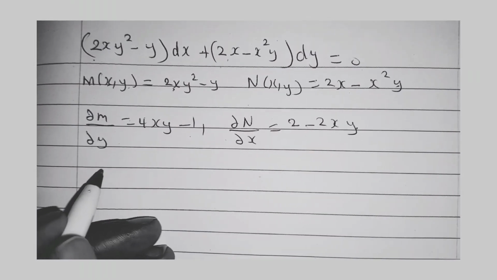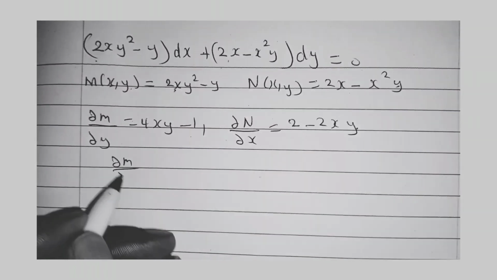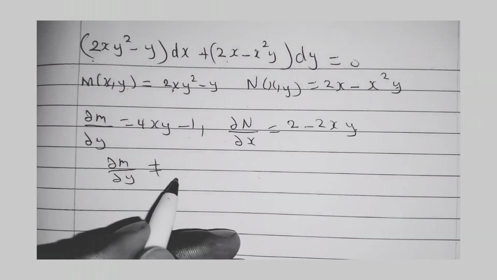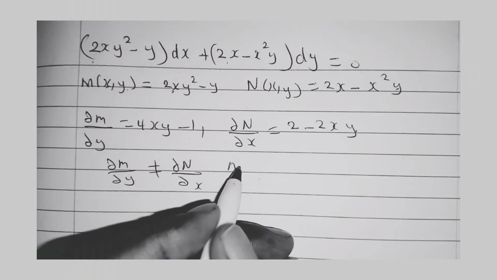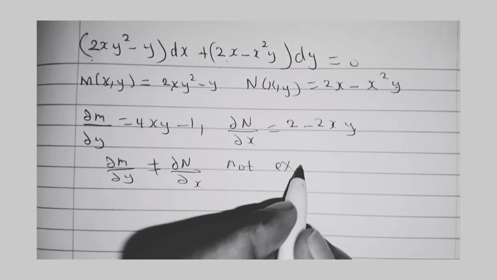Then clearly now our partial of M with respect to y is not equal to partial of N with respect to x, meaning that our given ODE is not exact.